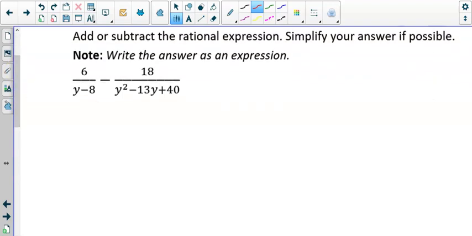All right. Remember, this is all about the same way fractions work. How do we add and subtract fractions? Say it louder. You got to have a common denominator. Before you get that common denominator, what do you got to do to all these denominators?